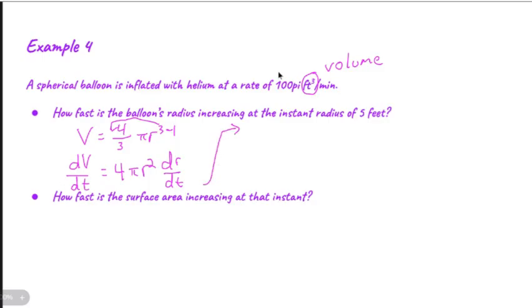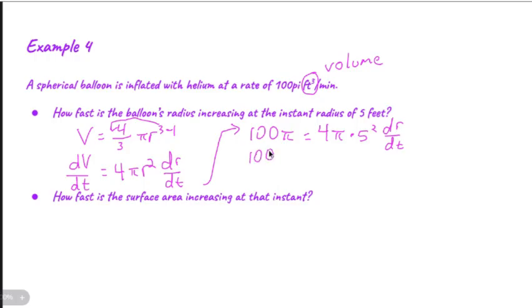Now our dV/dt, that was that 100 pi we're given at the beginning. We got 4 pi, and they ask us at an instant radius of 5 feet. So that'd be times our 5 squared times dr/dt. 5 squared would be 25, times 4 would be 100.